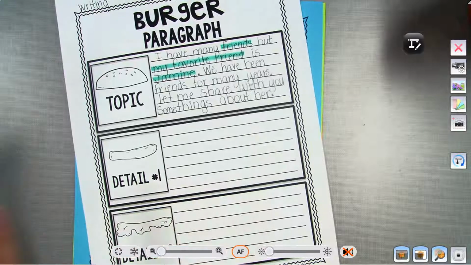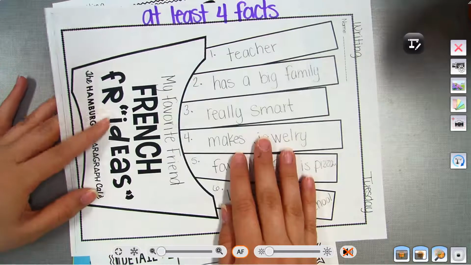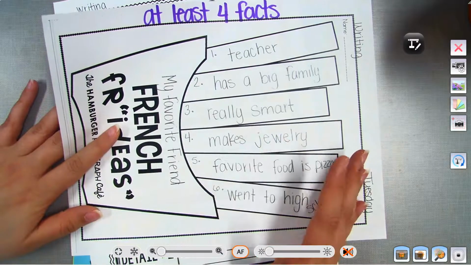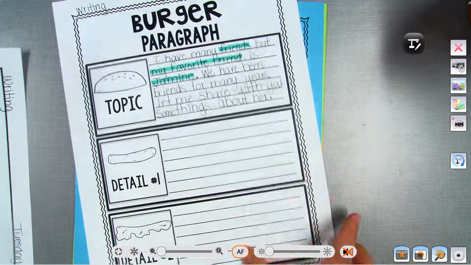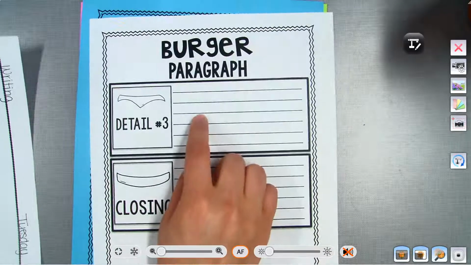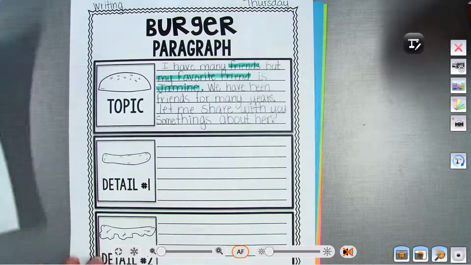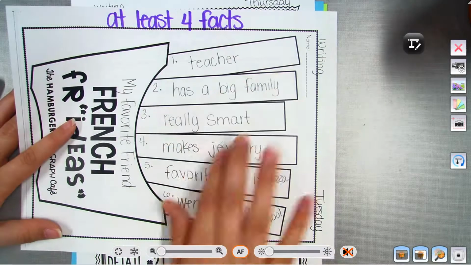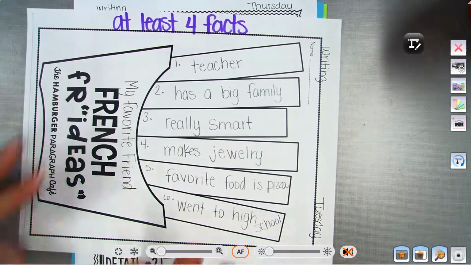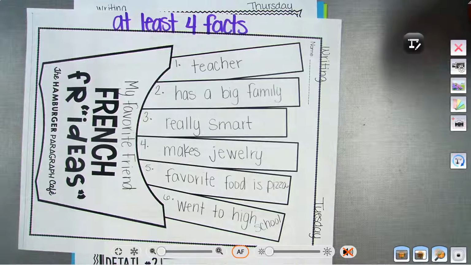So our details are going to be what we brainstormed that are facts about our friend. So I have 1, 2, 3 details that we're going to work on today. And so we're going to take our ideas and we're going to pick 3. So you only need to pick 3 of them. Now guys, I would pick 3 that are going to be easy to write about, or maybe the most important things about your friend.